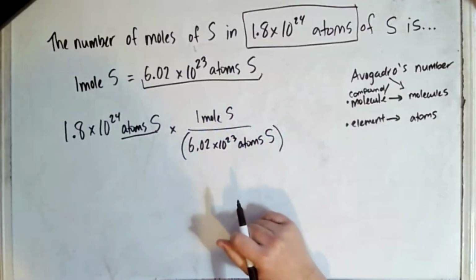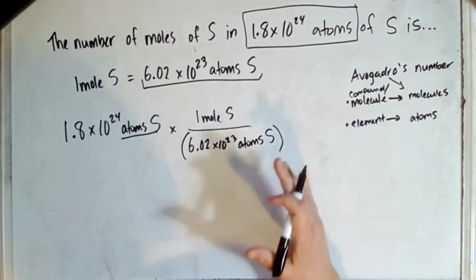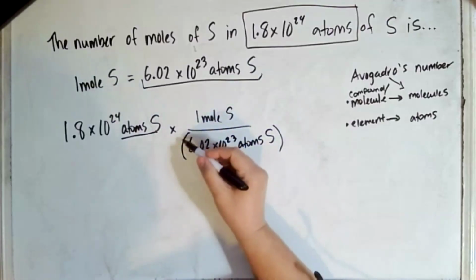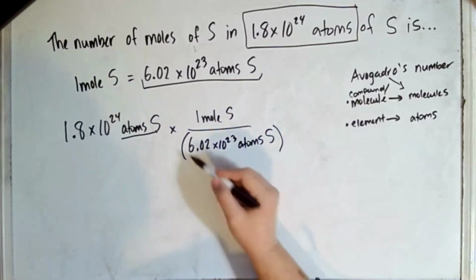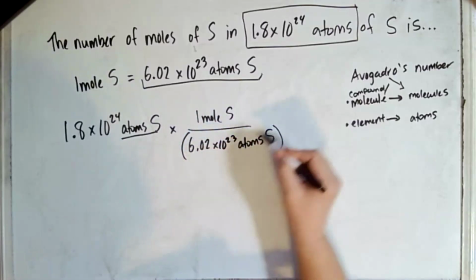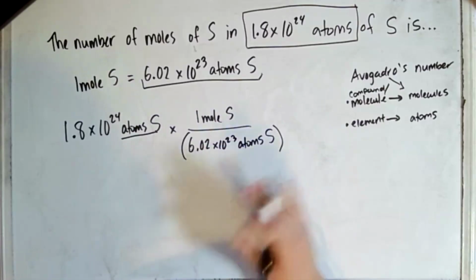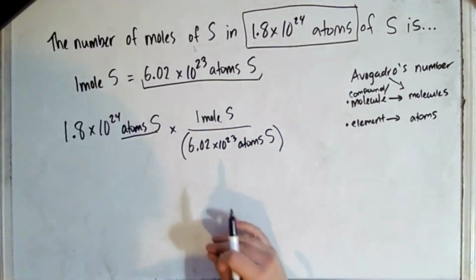To make sure that doesn't happen, you can put any term that's in the denominator, that you know you're going to be dividing, in parentheses, and that will eliminate the problem.